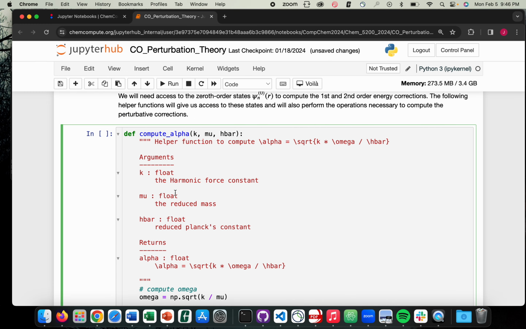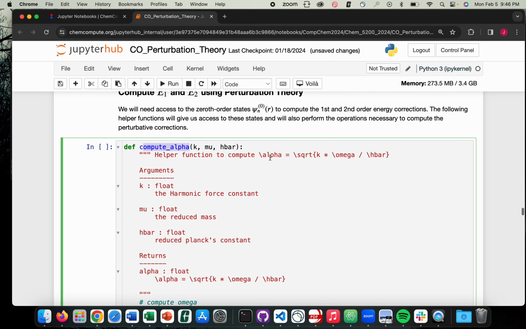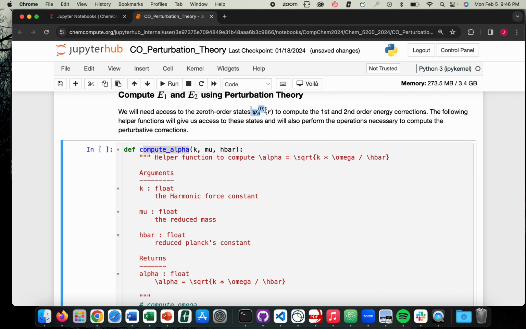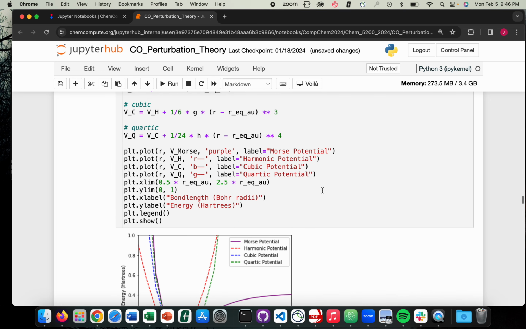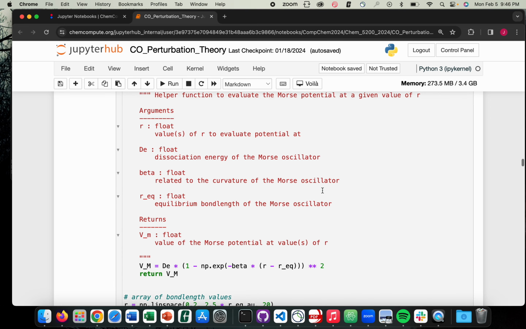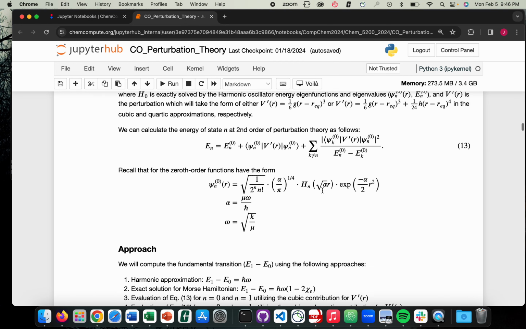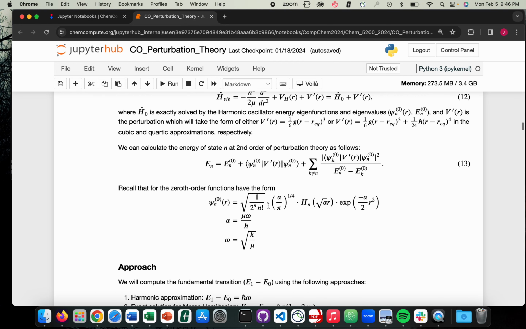So that is a helper function which is going to be used in order to find our zeroth order states, which I'll just remind you, the form of the zeroth order states comes from the notes up here. So the zeroth order states are this complicated normalization function times alpha over pi to the 1/4 power times these Hermite polynomials of order n, which take as arguments square root of alpha times r times these Gaussian functions, which again have alpha in them.